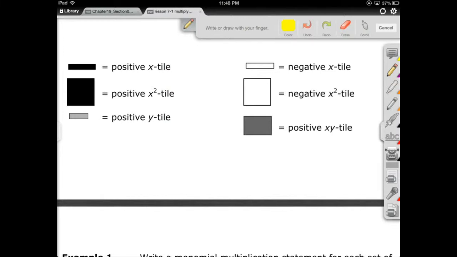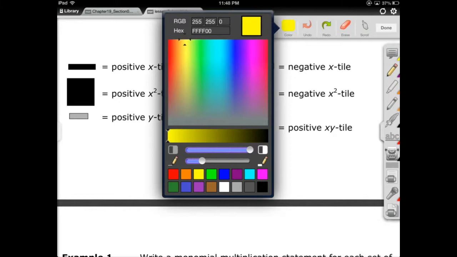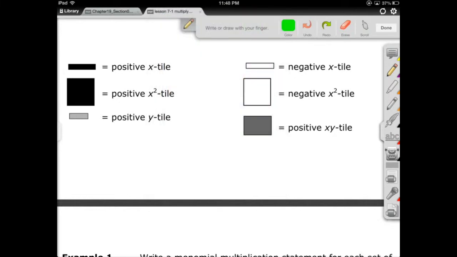So let's choose a darker color. If that tile there, use a dark kind of a green there, if this is an X, then this is an X for width and an X for height. So we'll say that squares are X squared tiles.